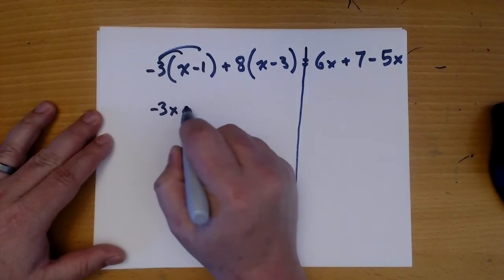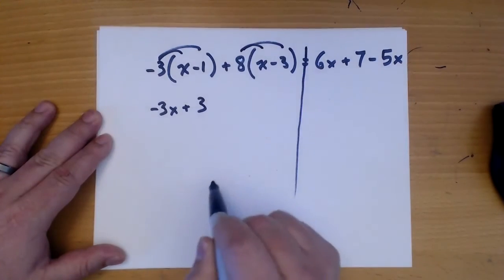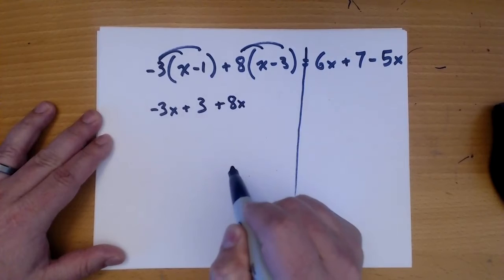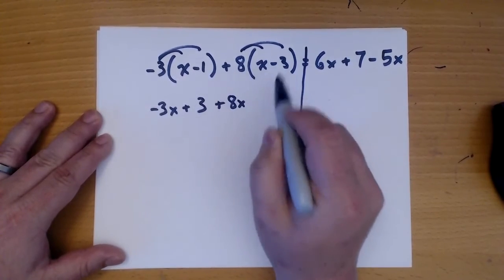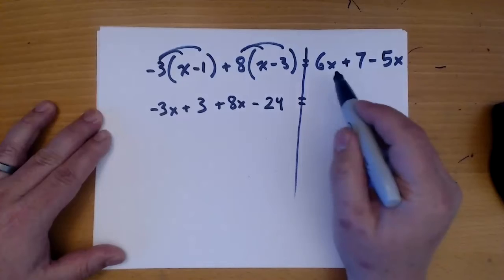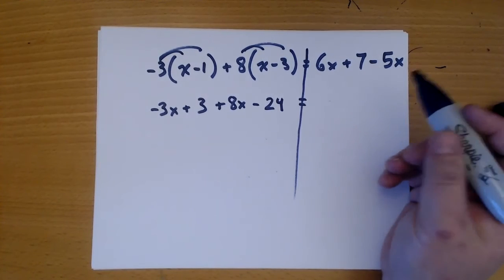Negative times a negative is a positive. 8 times x is 8x. 8 times -3 is -24. This side didn't have anything to do. There's no distribution right now, so we leave it alone.